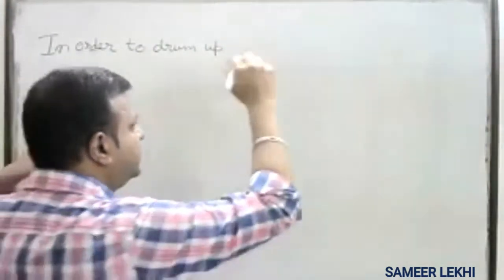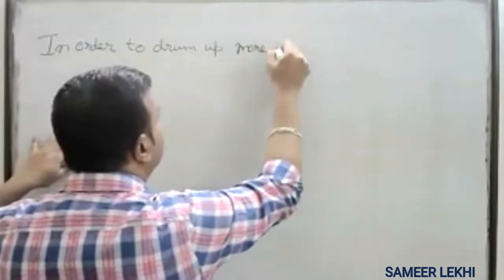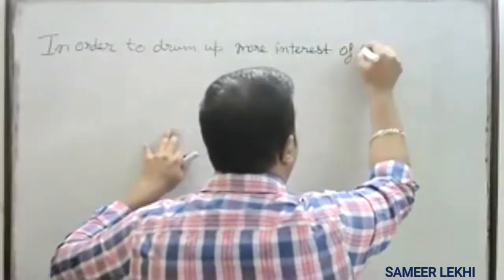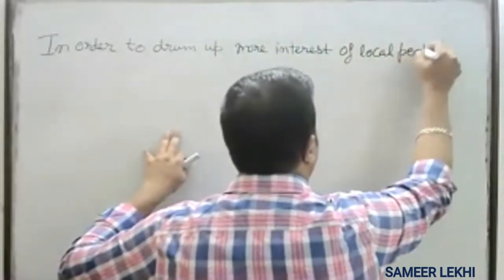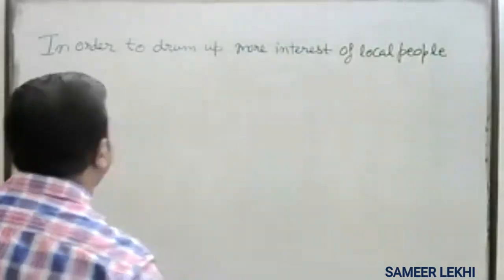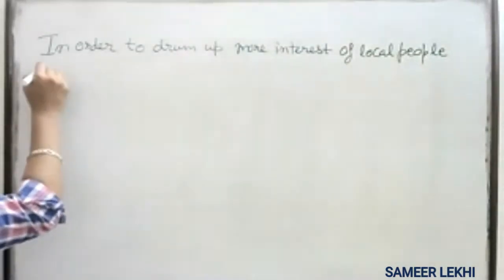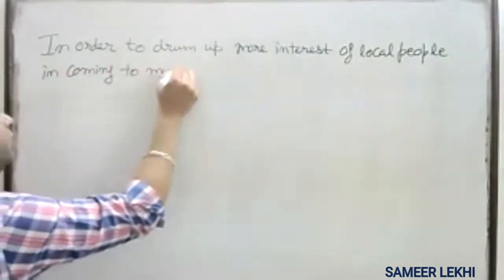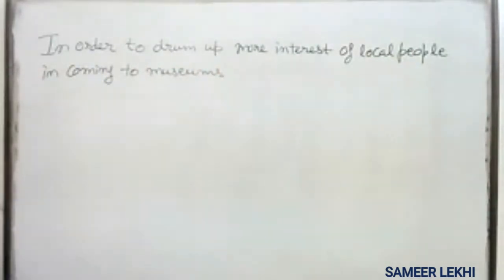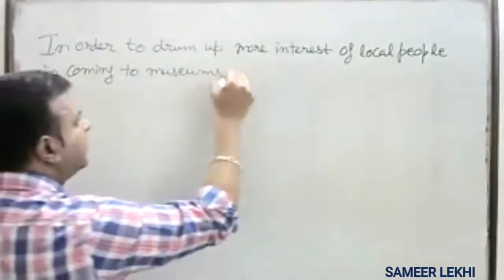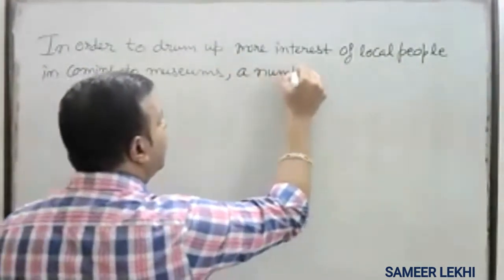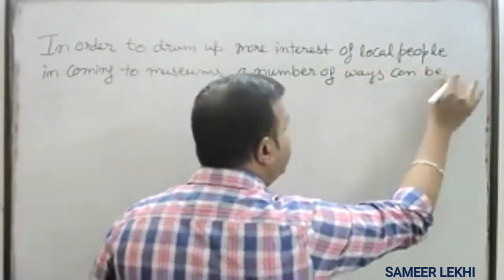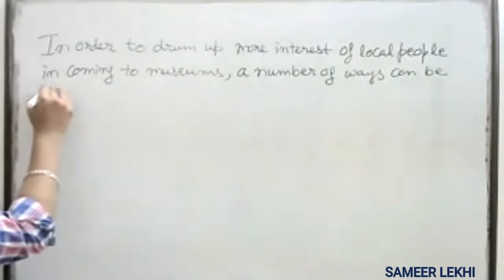So in order to drum up more interest of local people in coming to museums, a number of ways can be, with can be, so past participle, employed.